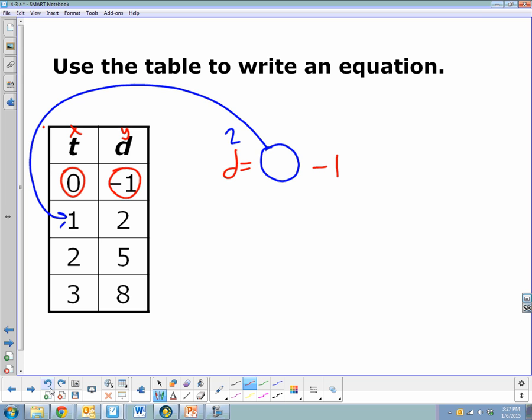So we said we would do 3 times 1. Minus 1 gave us 2. Let's try 3 times 2. Well, 3 times 2 is 6, and 6 minus 1 gives us 5.